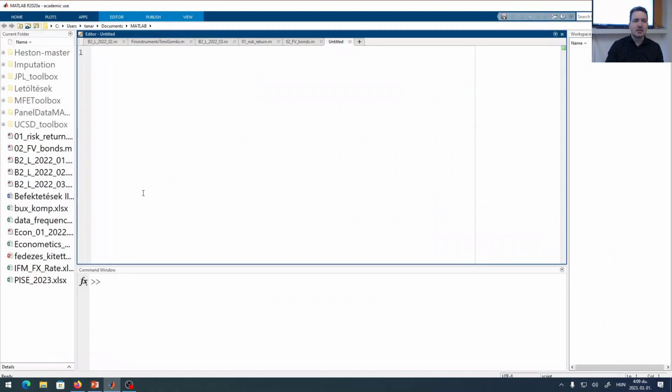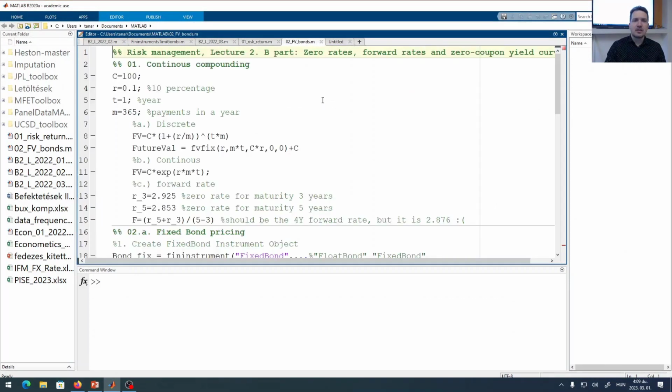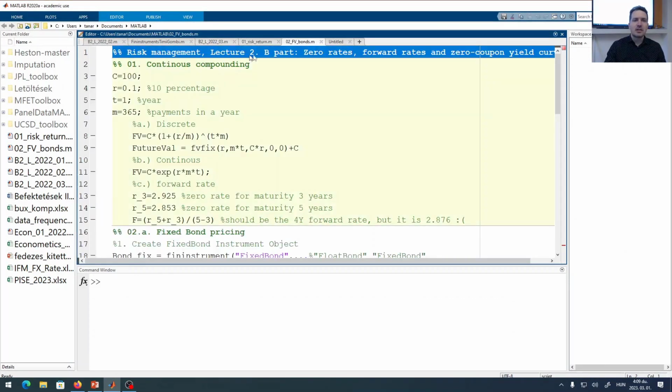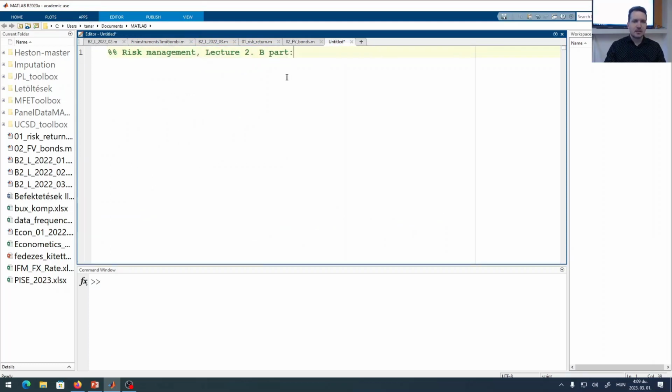So in Matlab. Risk Management Lecture 3. So C part, futures, because after that we will be using these building blocks, or some parts of these building blocks, today. So anyway, we should introduce them.